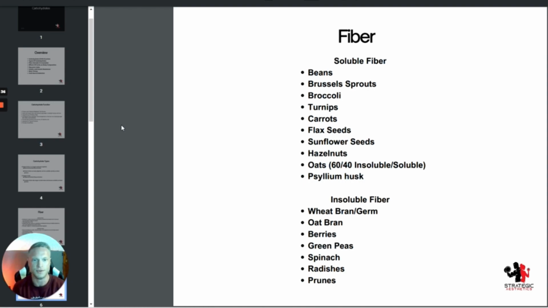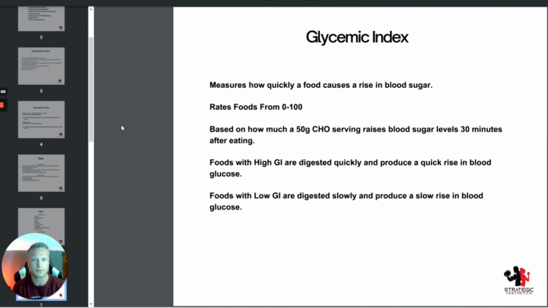These are awesome foods to include in your diet because then you're getting both types of fiber with your carbohydrate source. When you consume fiber with a carbohydrate, that fiber actually blunts the absorption of that blood sugar, and it takes a little bit longer to get into the bloodstream, which is a positive for insulin resistance.